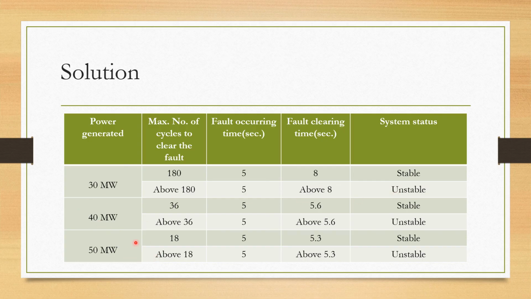For the 40 megawatt case, up to 5.6 seconds the system is stable, above 5.6 seconds the system becomes unstable. Same for 50 megawatt, up to 5.3 seconds, 5 to 5.3, within 0.3 seconds. That means within 18 cycles we have to open the circuit breaker, otherwise the system reaches the unstable state.